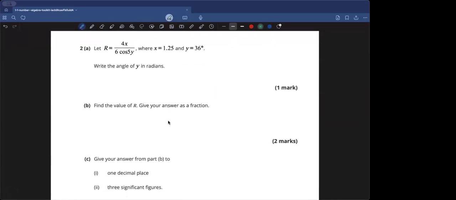Let's move to the next question. Let R equal the expression given, with X this much and Y this much. Write the angle Y in radians.